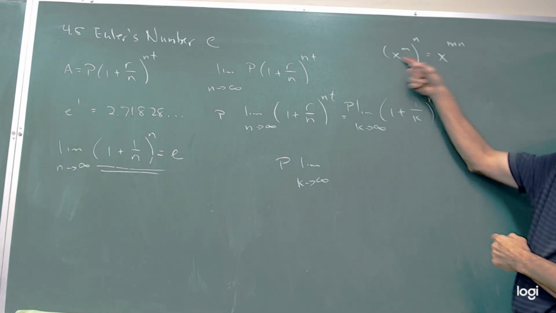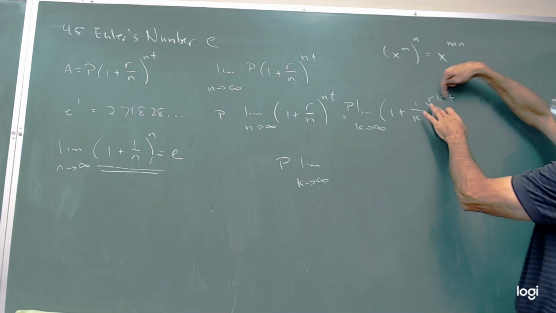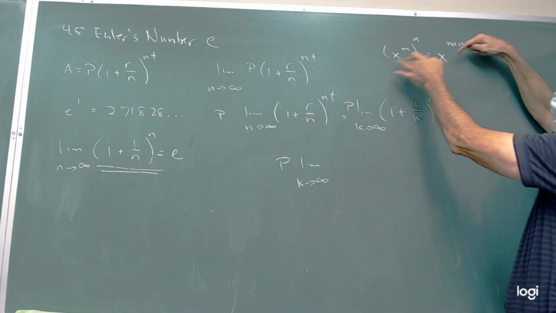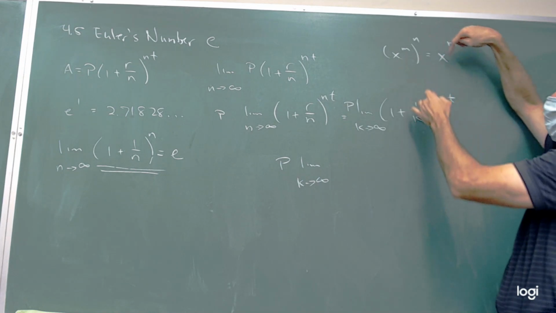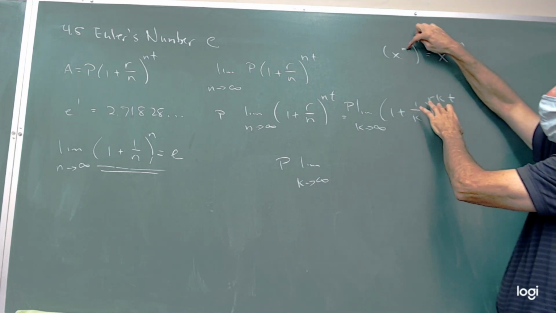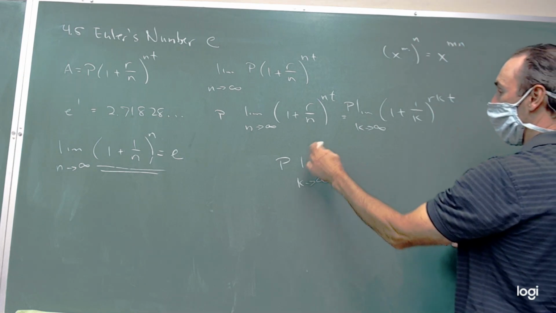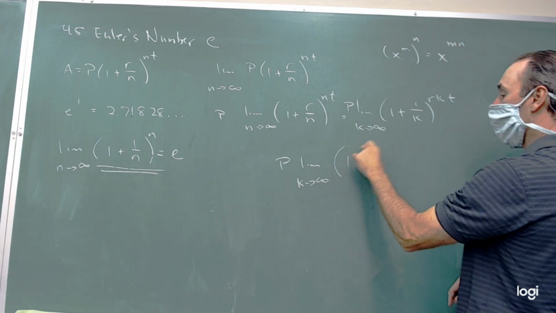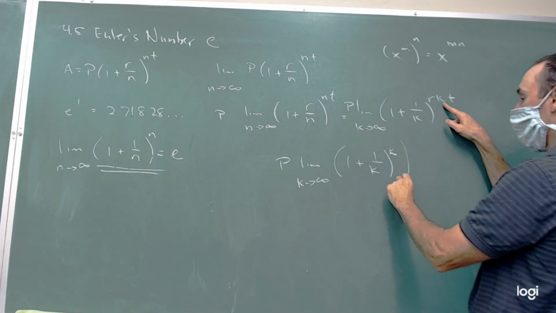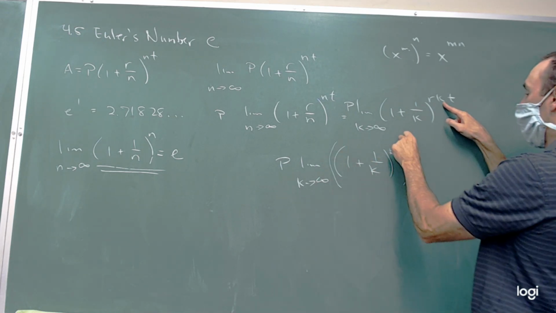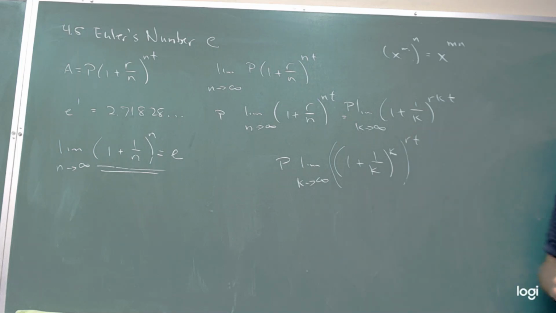So I'm going to go right to left. When you have a product of these powers, I can write them as a power to a power. In particular, I want to separate out this k and do it inside. So this is going to be the limit, and we're going to have 1 plus 1 over k, to the k, and then all of that to the rt power. Just shuffling things around, but not really changing what its value is.